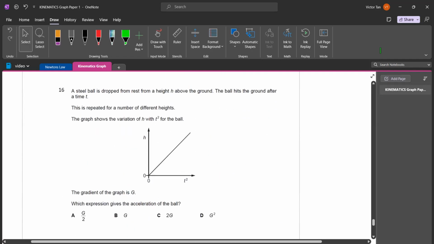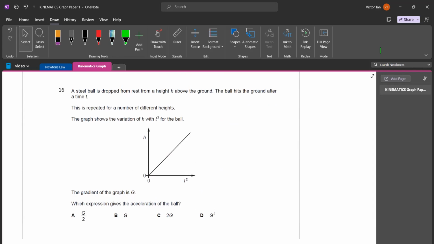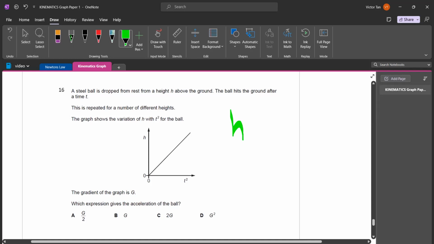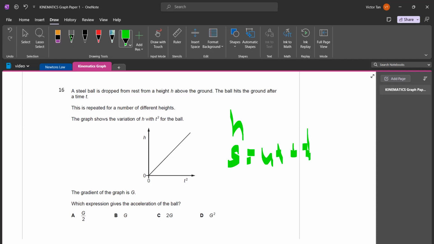Last question. A steel ball is dropped from rest from a height h above the ground. The ball hits the ground after time t. This is repeated for a number of different heights. The graph shows the variation of h with t squared for the ball. Okay, so it's h against t squared. So for h, you use the kinematics formula s equals ut plus half at squared.